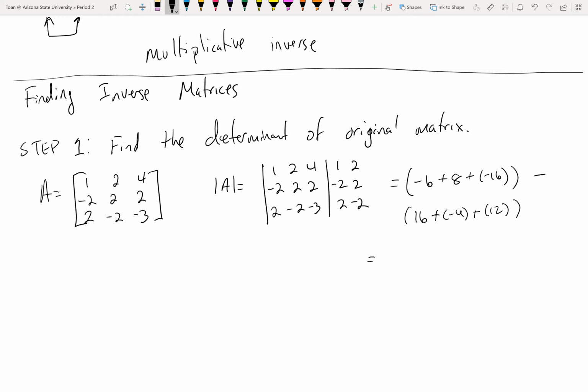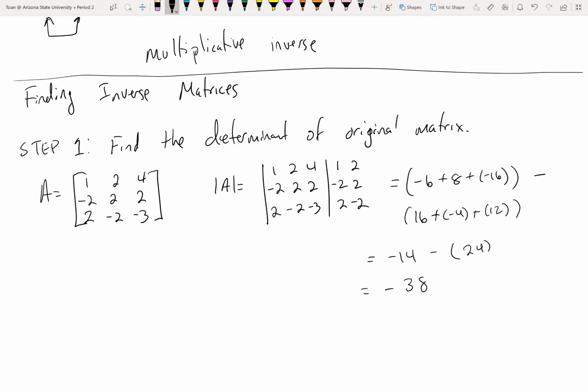So that's a 2, so that's a negative 14, minus, that's a 24, which is a negative 38? Yes. Okay. Hold on a second, guys, because I did this earlier, and that's not what I got in my notes. So what did I do wrong?